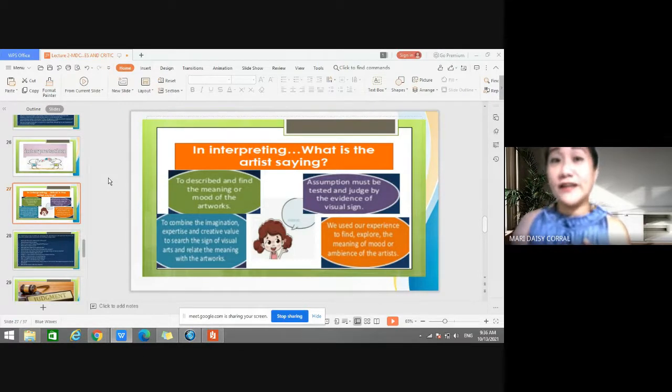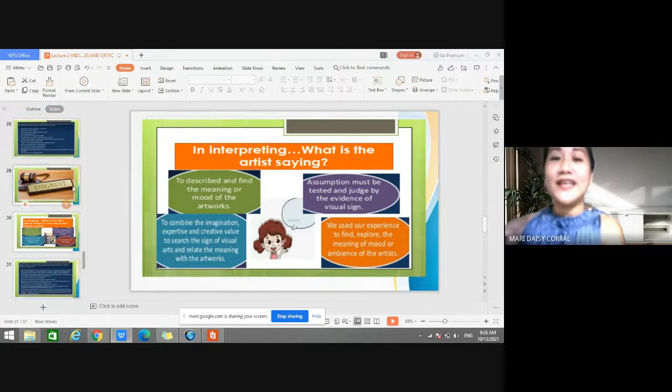To combine imagination, expertise, and creative value to search the signs of the visual arts and relate the meaning of all of these things, embedded in your artwork, that is interpretation. And the last step in looking at your art is the judgment.